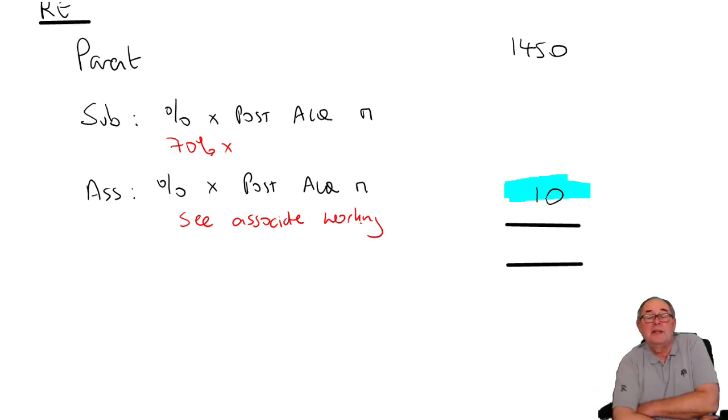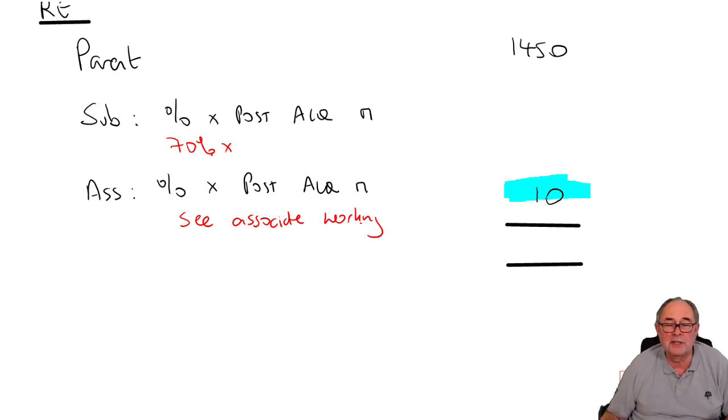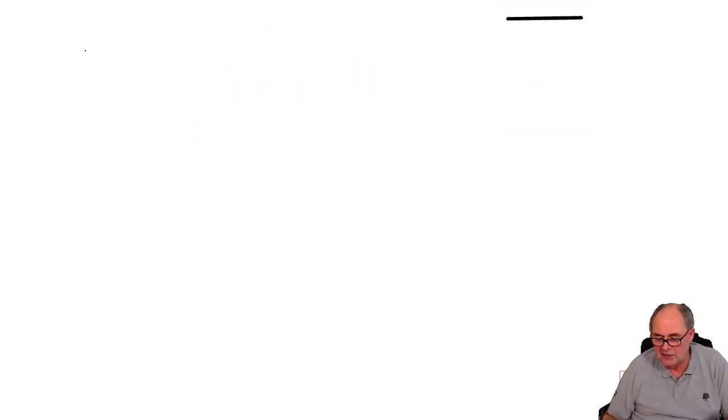So what we're left with are the sub's post-tax profits. Now, I've tried to put quite an advanced working in the answer and see if you can have a look at it after, because that might be a very quick way to work it out. But if you find that conceptually too hard to follow, then you could use something like a net asset working to try and get to the bottom of the sub's post-tax profits.